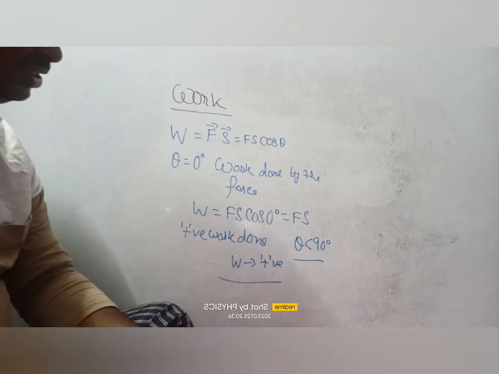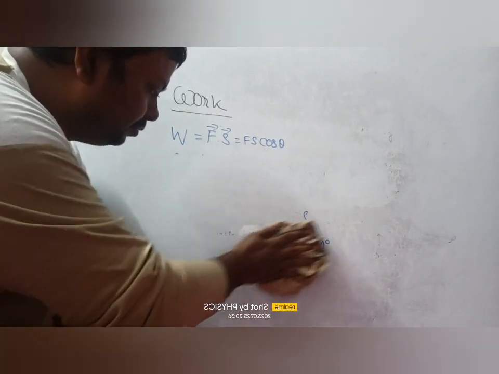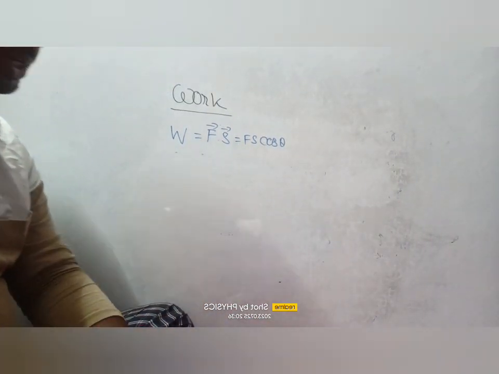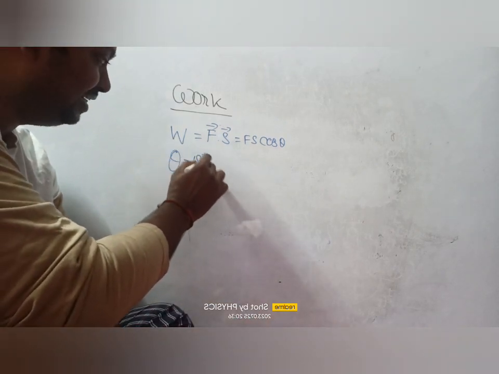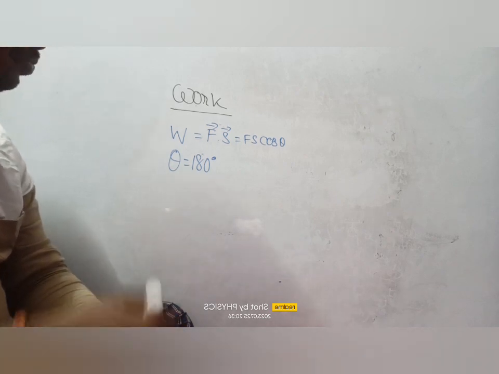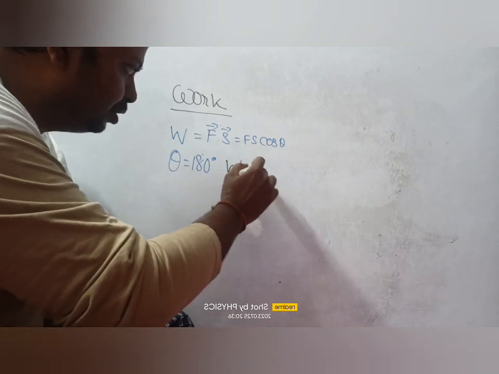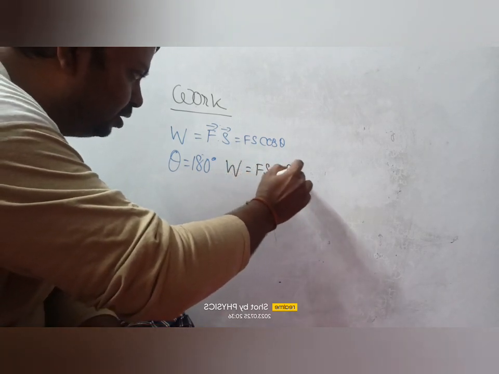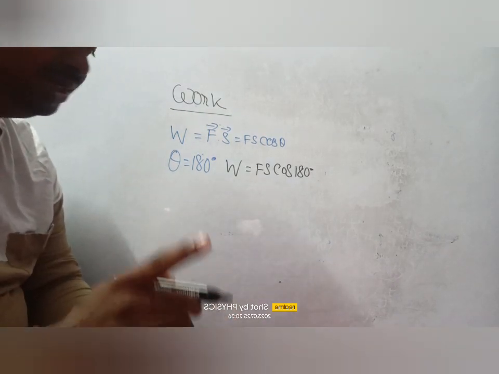Now let's move to the second case. If we consider theta equal to 180 degree and put it in that equation, we have W equal to F S cos 180 degree. Now what is the value of cos 180 degree?